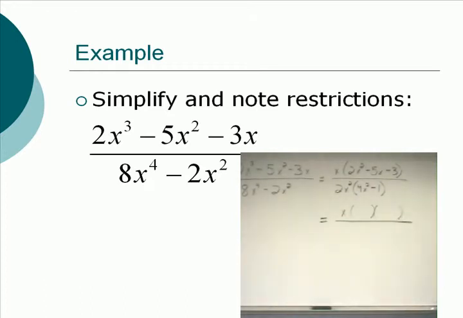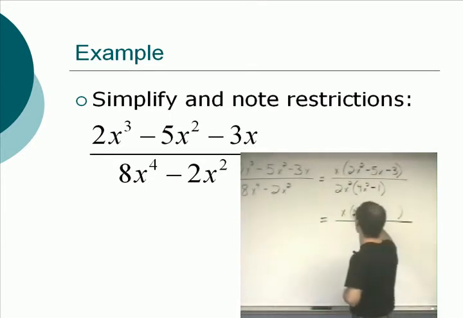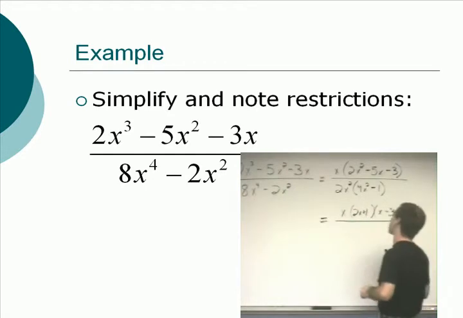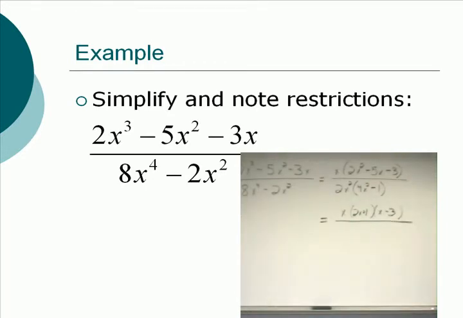I'm going to factor it over here also, but take just a minute and see if you can factor that. Familiar? Okay. So then we know that this factors into 2x plus 1 and x minus 3.